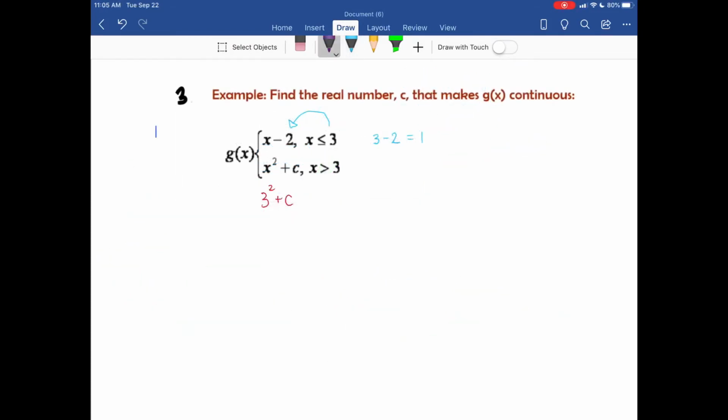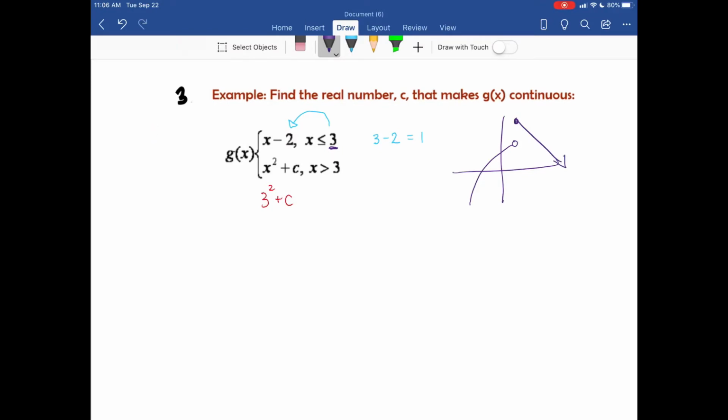Now let's look at this example of our piecewise graph. They're asking us here to find the c value that would make this function g continuous. The one thing I do want us to appreciate is this graph is going to be continuous for all of these values except maybe at 3, because at 3 there could be a jump discontinuity.